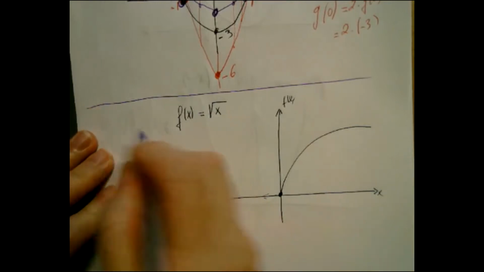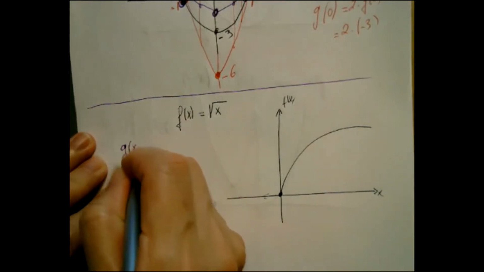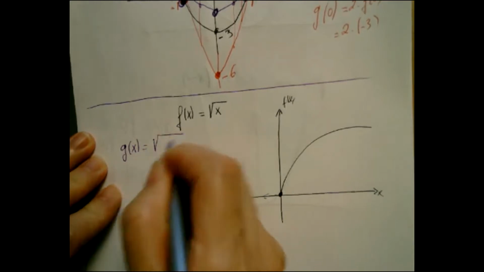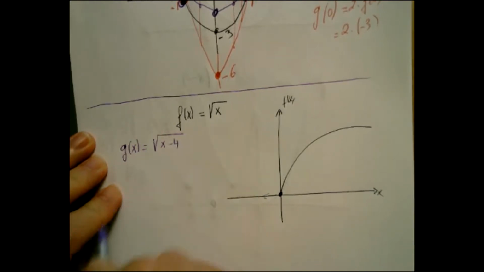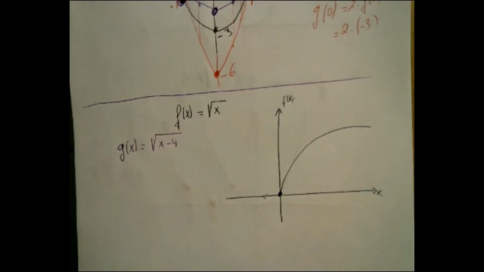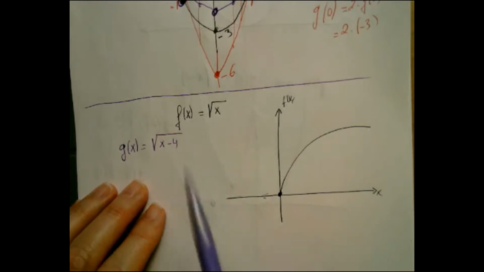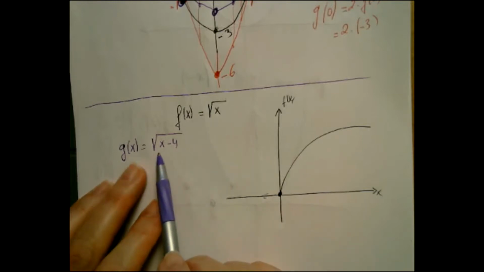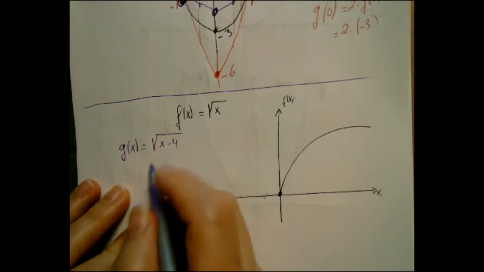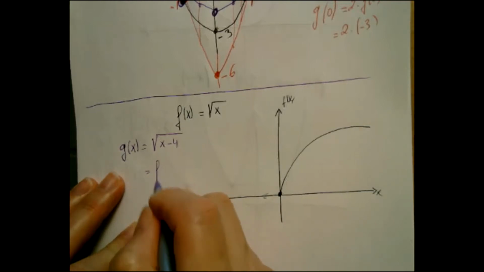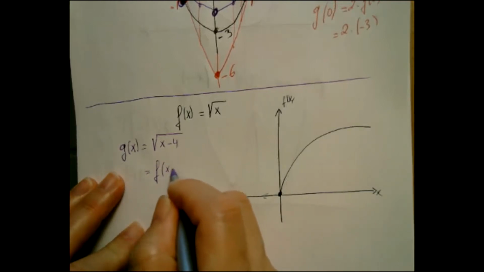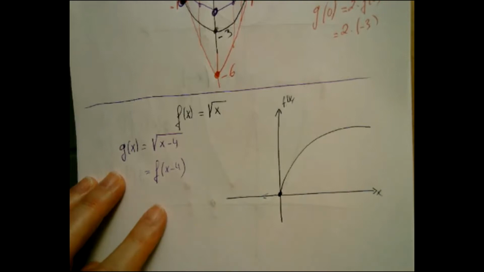So let us say you encounter the function g of x equals the square root of x minus 4. Very simple stuff. You don't really need a calculator to know how the graph looks like. We should know the relationship between them. So g of x is nothing more than f at x minus 4. How do I get the graph of g?